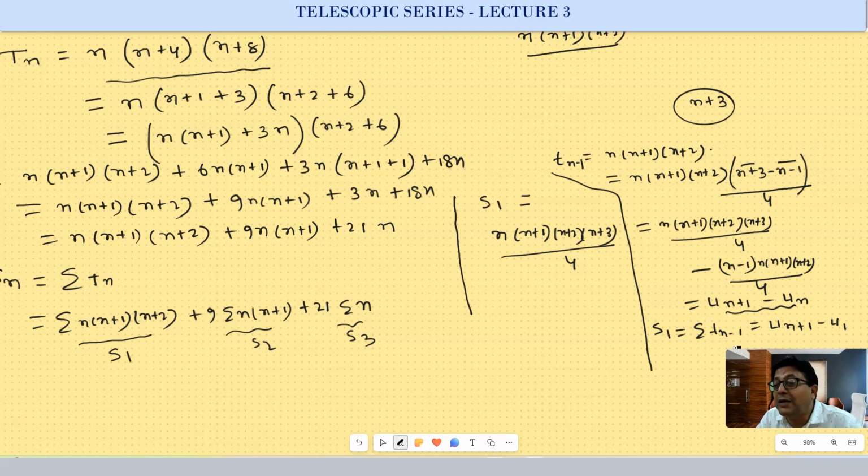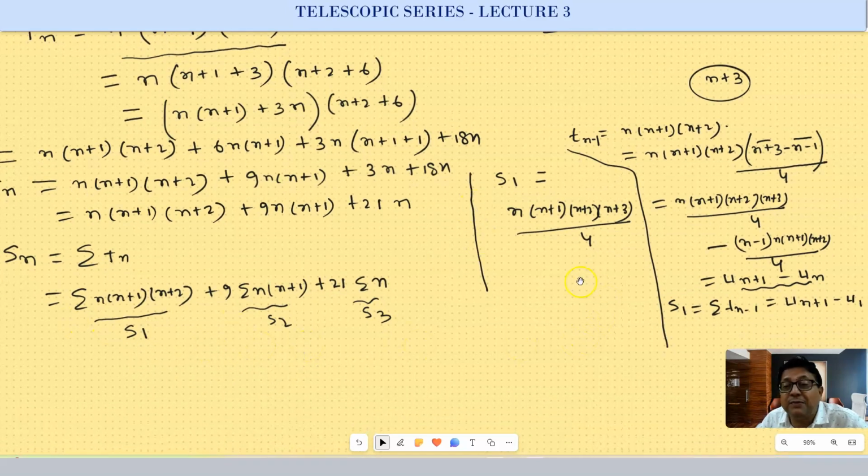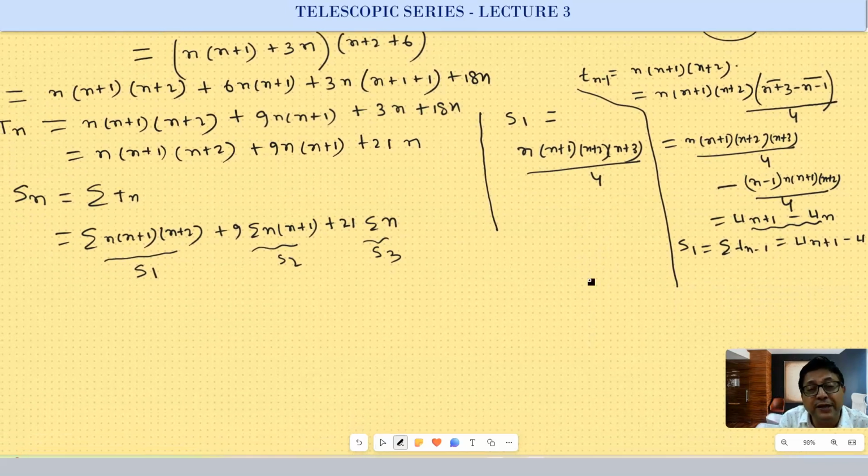At n equal to 1 it is 0. So you simplify, you get S1 in this form. The first sum S1 is done. Now we are going to find the sum of this part, like S2. How to find S2 here?